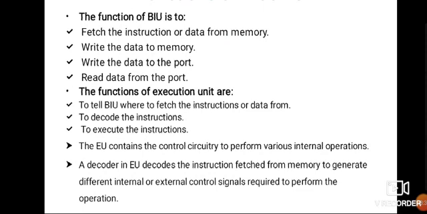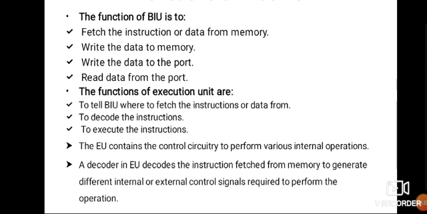The function of the bus interface unit is to fetch the instruction or data from the memory, write the data to the memory, write the data to the IO port, or read the data from the IO port. Similarly, the functions of the execution unit are: it tells the bus interface unit where to fetch the instructions or the data, and it decodes and executes the instruction.